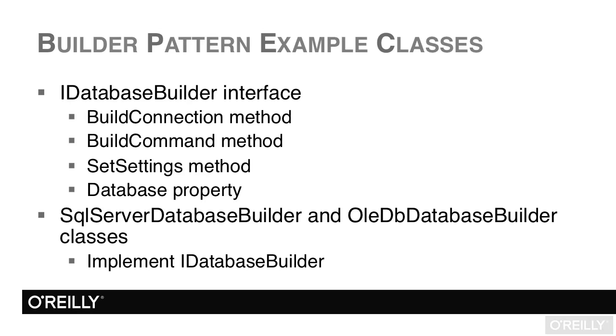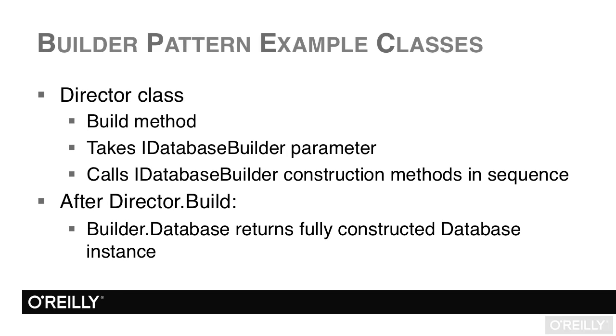Our SQL Server Database Builder and our OLEDDB Database Builder classes will implement iDatabase Builder, which means that they must implement build connection, build command, set settings, and the database property. The director class will have a method called build. It doesn't have to be called build, but it should be named something clear and obvious to the application code that an object is being built or created, something like that.